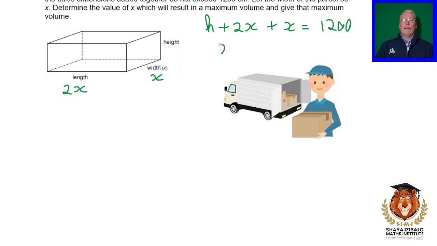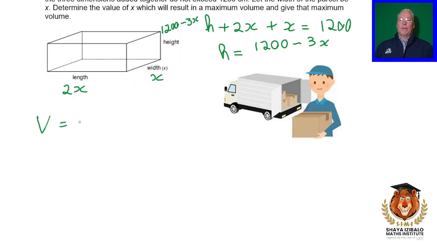So we know, in fact, that the height is going to be 1200 minus 3x. Now we've got all of our dimensions in terms of one variable. So let's work out the volume of this box. It's going to be 2x times by x times by 1200 minus 3x.